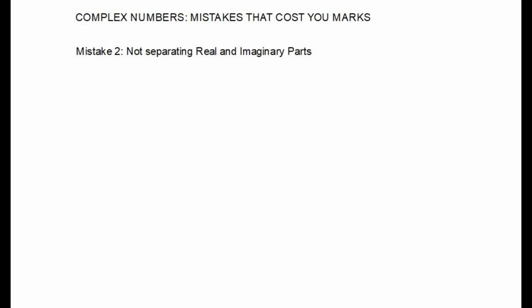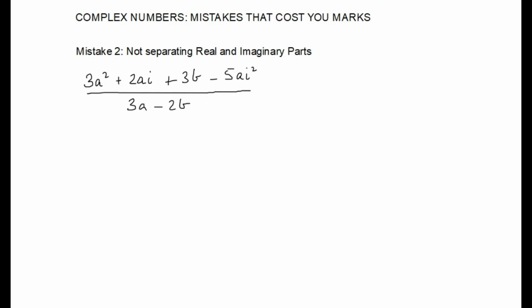Suppose your complex number is 3a squared plus 2ai plus 3b minus 5ai squared, the whole thing over 3a minus 2b. Right, this is a complex number, but right now it's kind of hard to figure out which is the real part and which is the imaginary part.